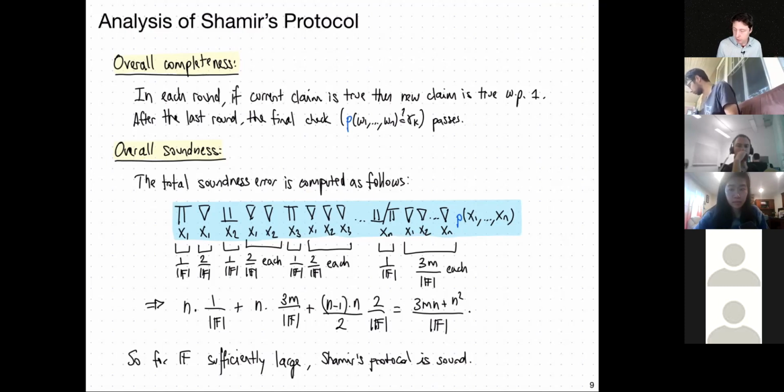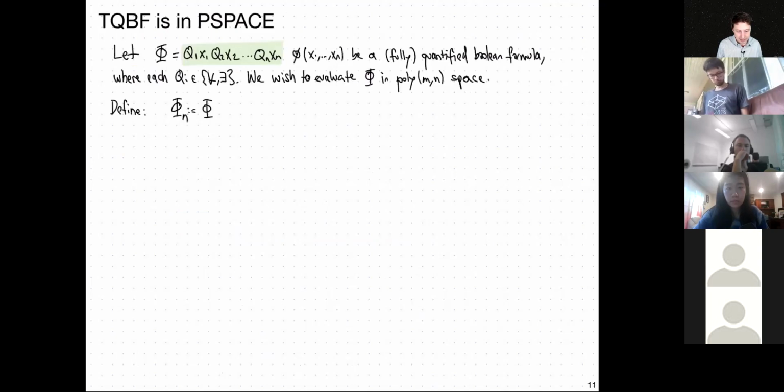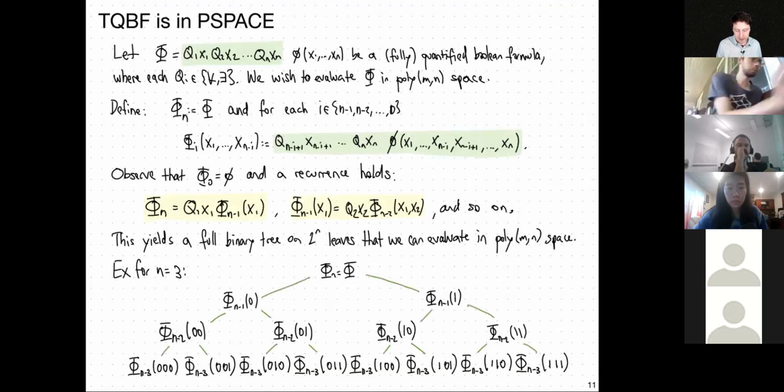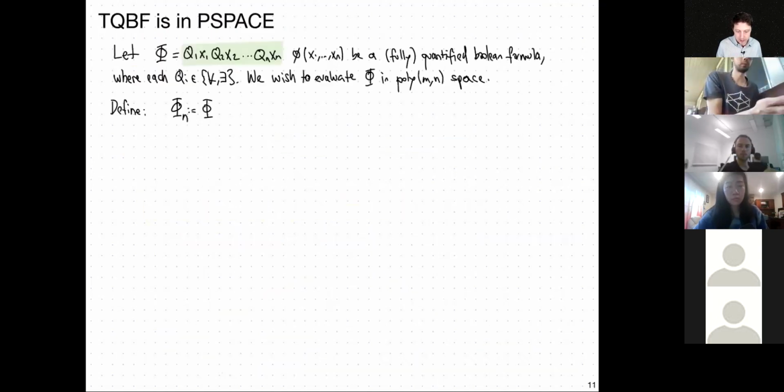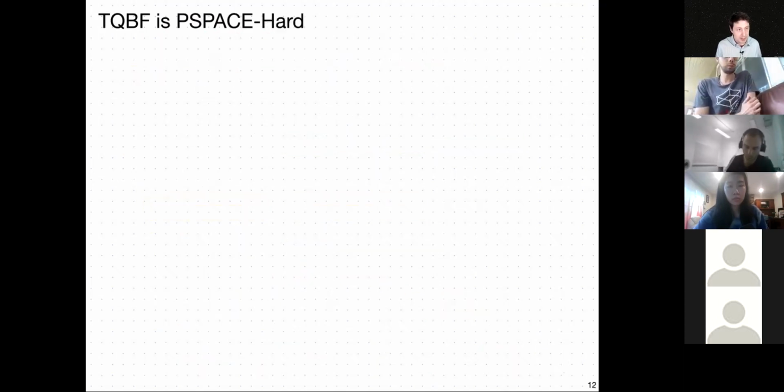Before I move to questions, I'd like to mention that there are additional slides that I'm not going to go over. It's primarily for your interest offline. There is one slide that explains why TQBF is in PSPACE. Roughly it's because you can process the whole tree in polynomial space. And then there are 2 slides on why TQBF is PSPACE hard.